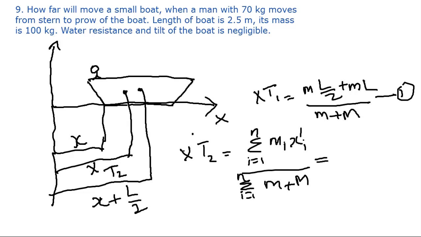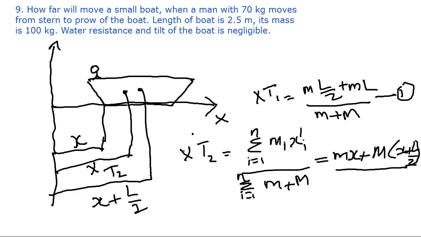And we know that in our case the new distances is the man is at here, mx, so small m is the mass of man, and x the distance at which he is staying, plus the position of center of mass of the boat is mass of the boat times x plus L by 2, right?